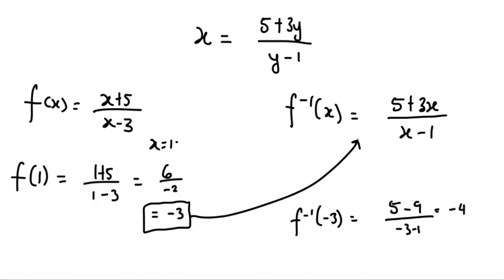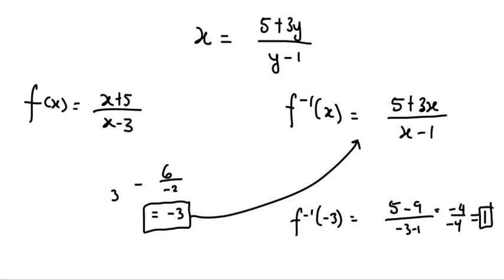Here we get negative 4 divided by negative 4, giving us 1. Take a look at this output. This output is the input of the original function. So you see what is going on? That is what we mean when we talk about the function itself and the inverse of that function.